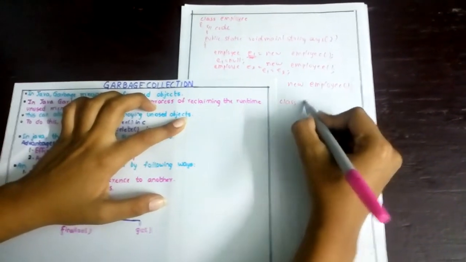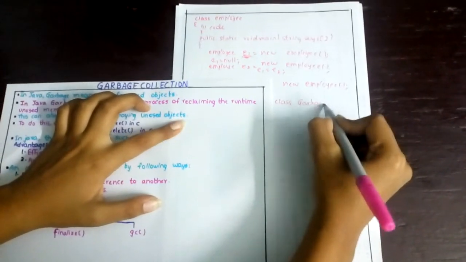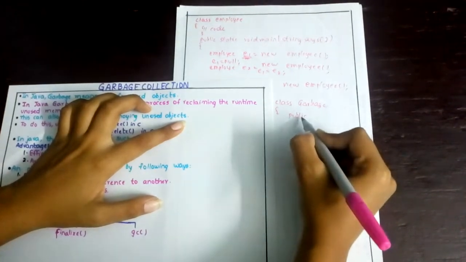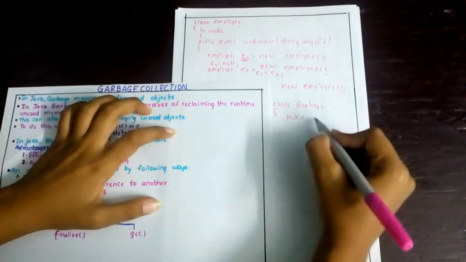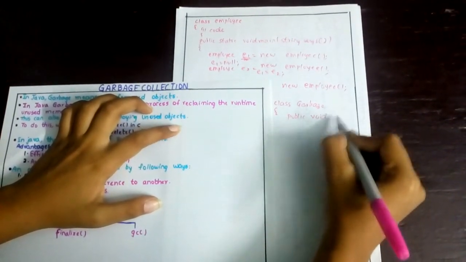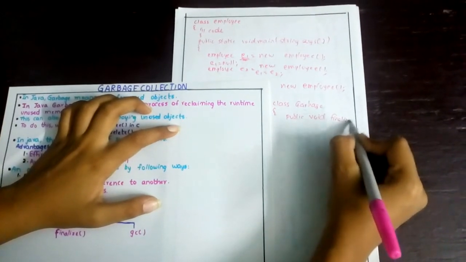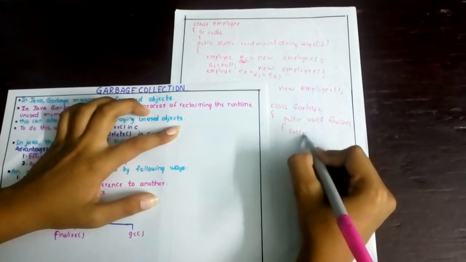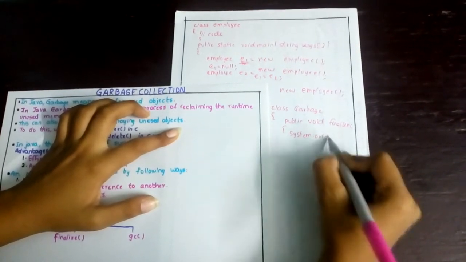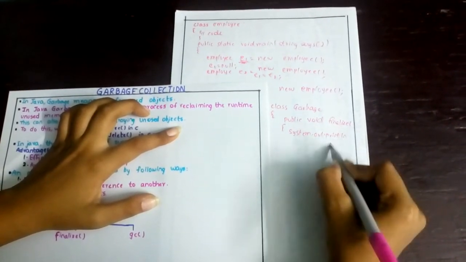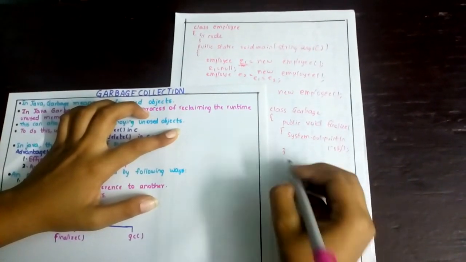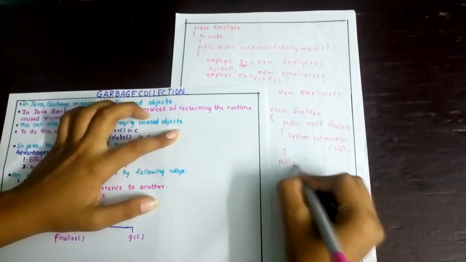Consider a class Garbage. Now we can use either public, protected, private or default, and this is the finalize method which I have told you before, and here we can use an output statement, System.out.println object, and we can close this, and later we have to use our main method.